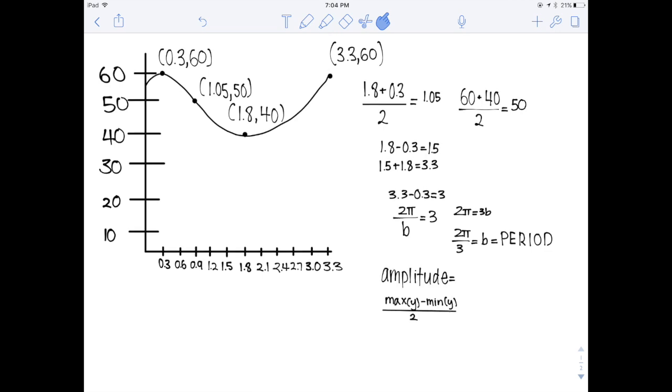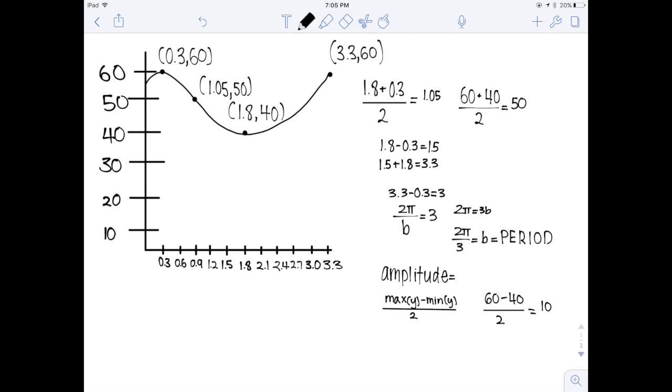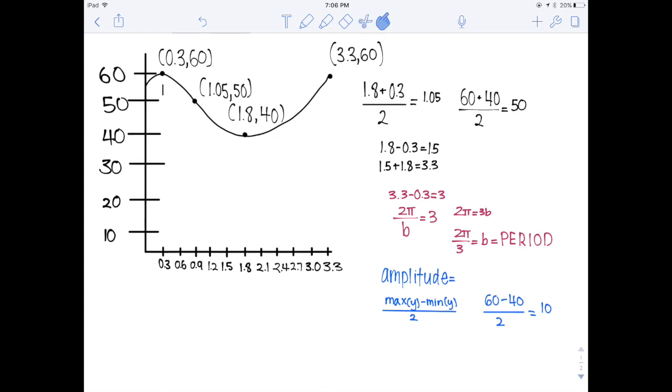And to calculate the amplitude, the equation is the maximum y value minus the minimum y value over 2. So 60 minus 40 over 2 equals 10. And there's a phase shift of 0.3 to the right. And we can also identify that the space in between the two highest points is 3, and that there's a vertical shift of 50 since 60 minus 10 equals 50.